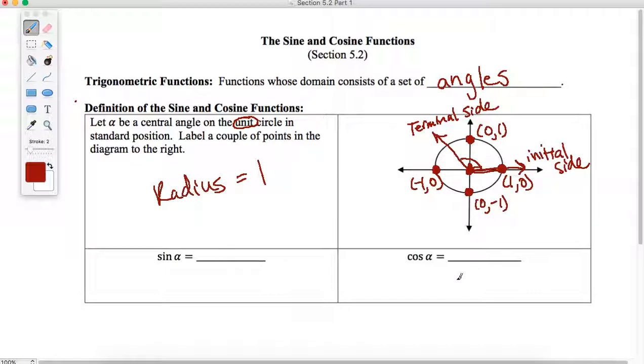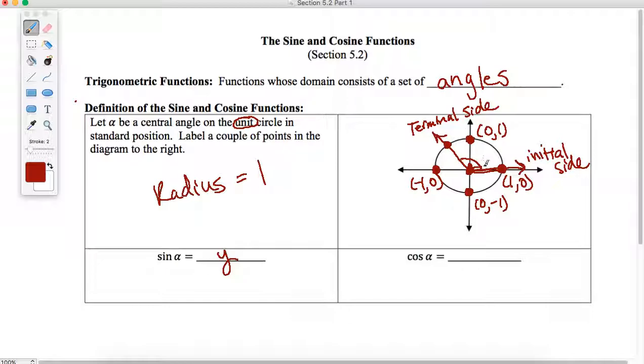Okay? What we're going to do is if we have an angle who's a central angle in standard position, and that unit circle is the circle in which that central angle is located, then the sine of that angle alpha is going to be the y-coordinate of the point of intersection.